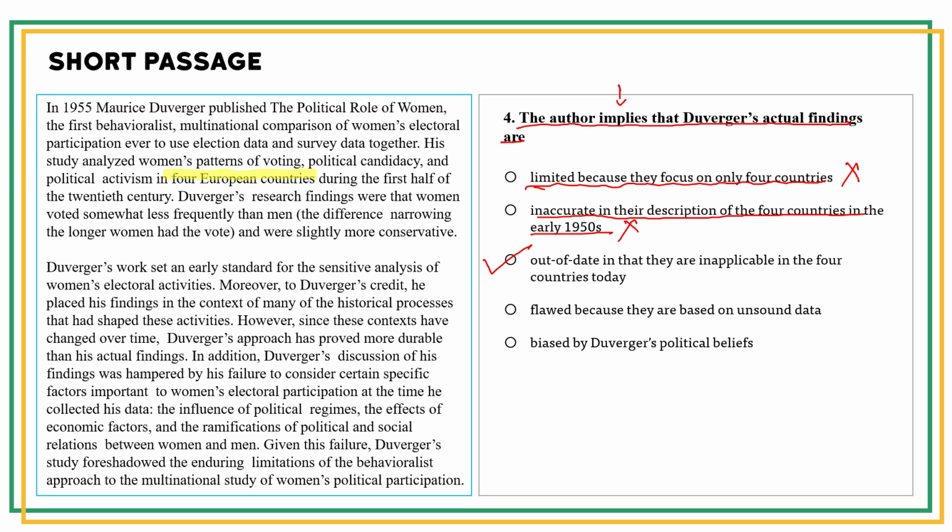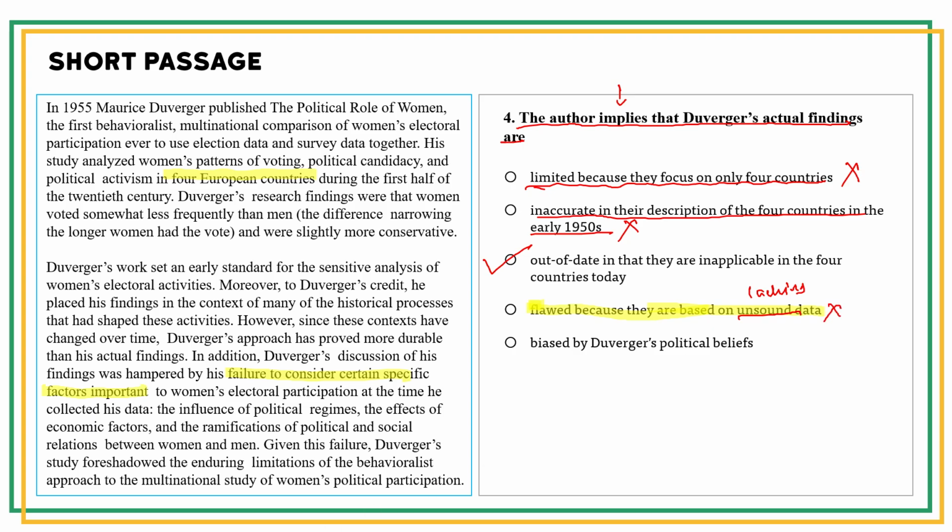Now, does it say that his actual findings were flawed because they are based on unsound data? I mean, there is a mention that he failed to consider specific factors, but that's not unsound data, that is lacking data. The passage implies that some of the data was ignored, like he did not analyze some factors, but the passage does not say that the data that he did analyze was unsound.